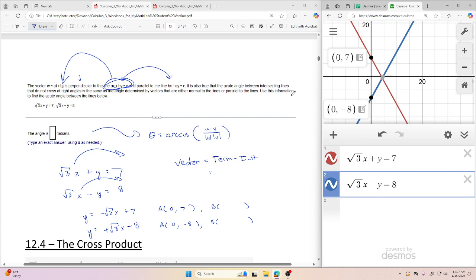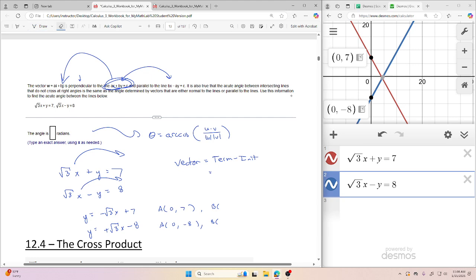So the second one, it's arbitrary. I have to stress that it's random, whatever you want to do. What is another easy number to plug in for x? 1. Yes, exactly. Now we're going to get some funky answers, but that's okay. Let's go through this. If I plug in a 1, I'll get 7 minus the square root of 3. That's my y value.